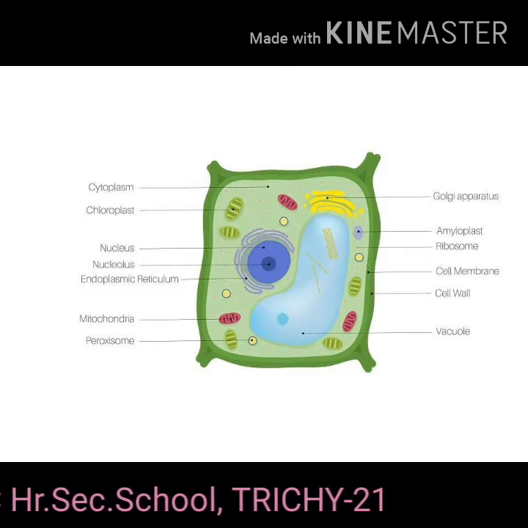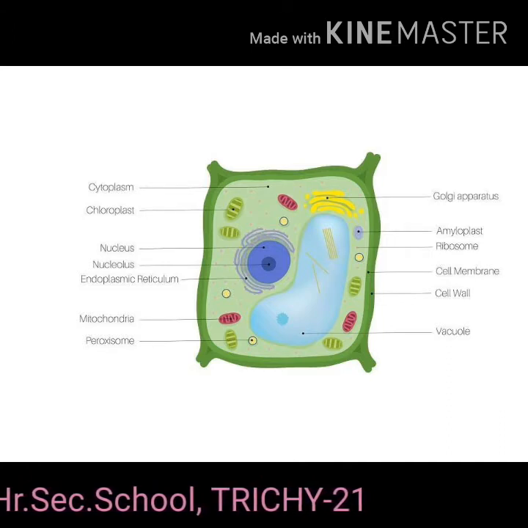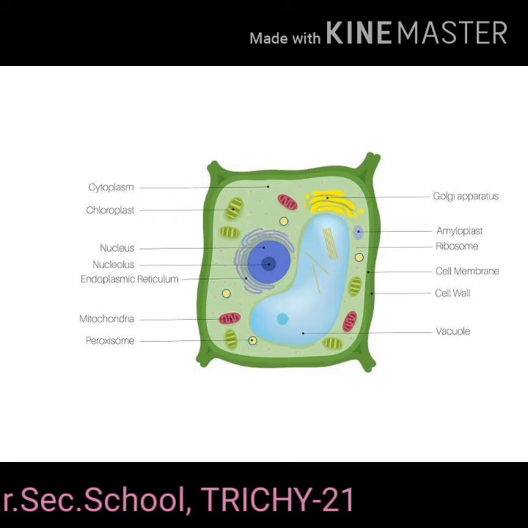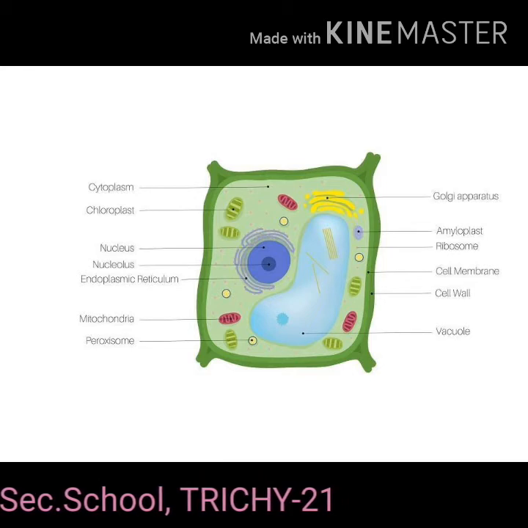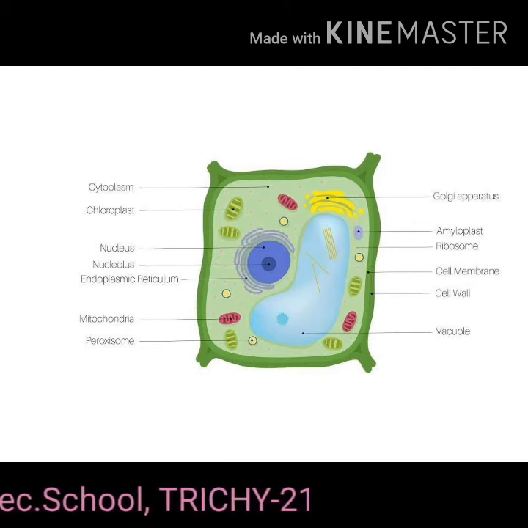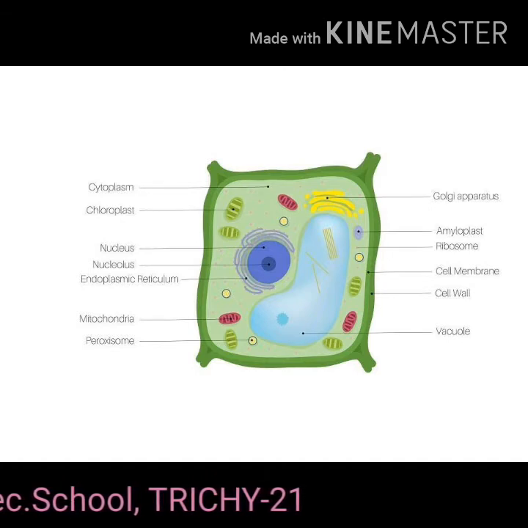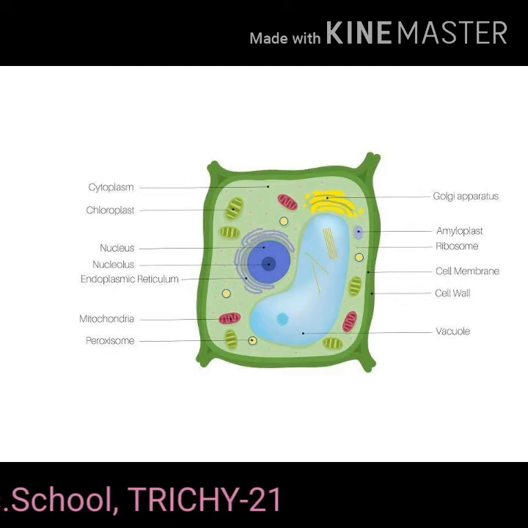It is hard in nature. Plant cells have a cell wall in addition to their cell membrane. Plant cells have chloroplasts, which contain chlorophyll. Plant cells have large vacuoles. Centrioles are absent.